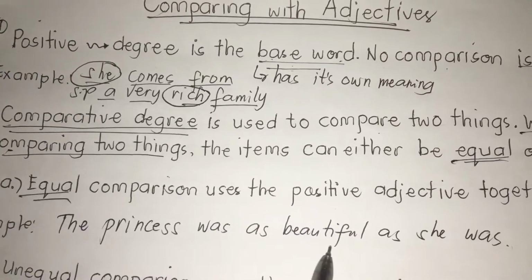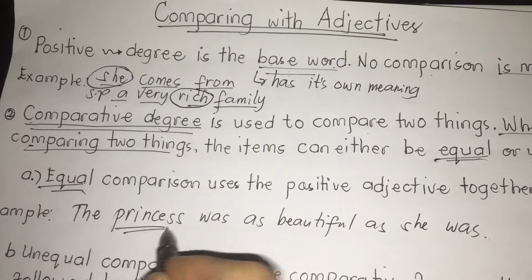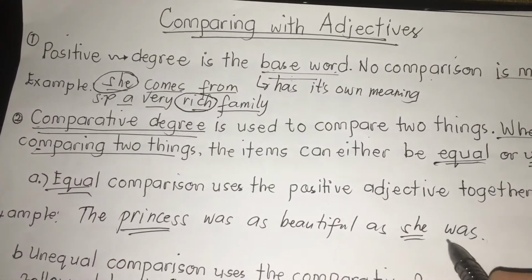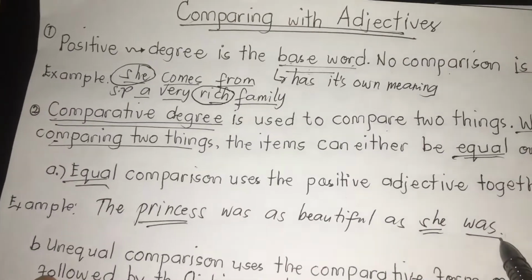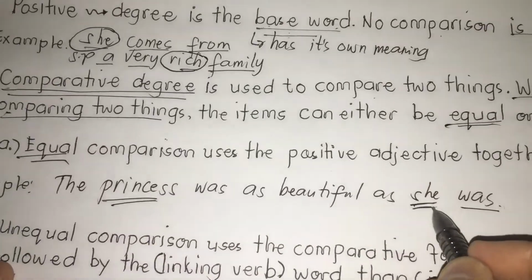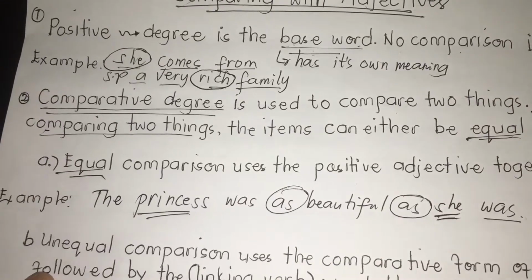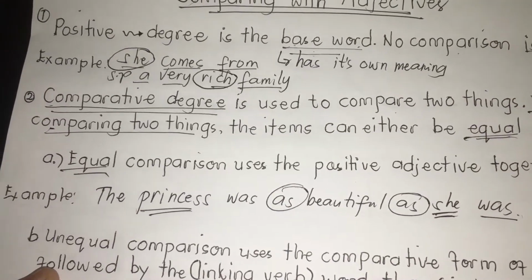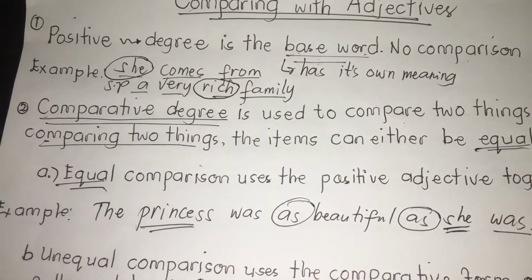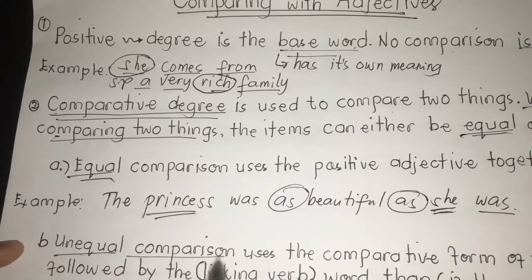That means we are comparing equally the princess and she, using the word as. That's a positive adjective together with the word as. That's referring to equal.